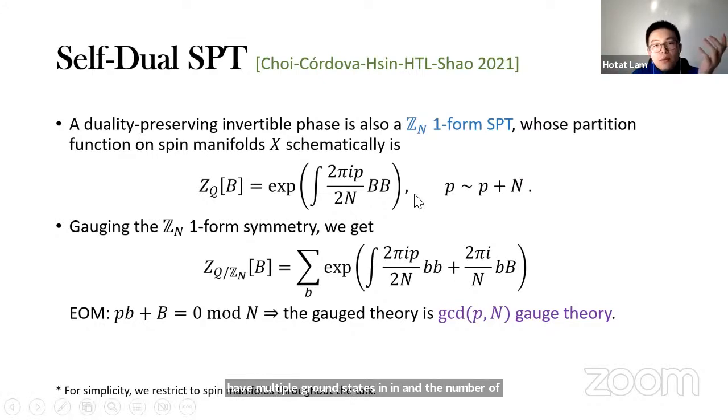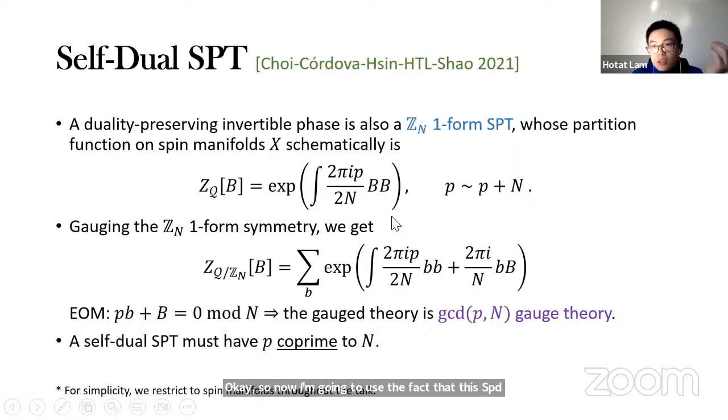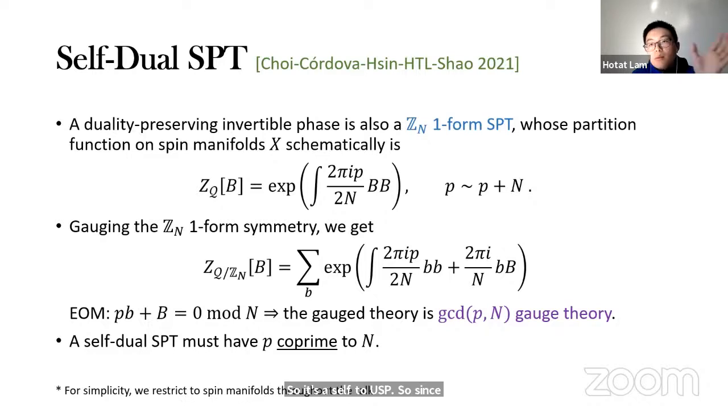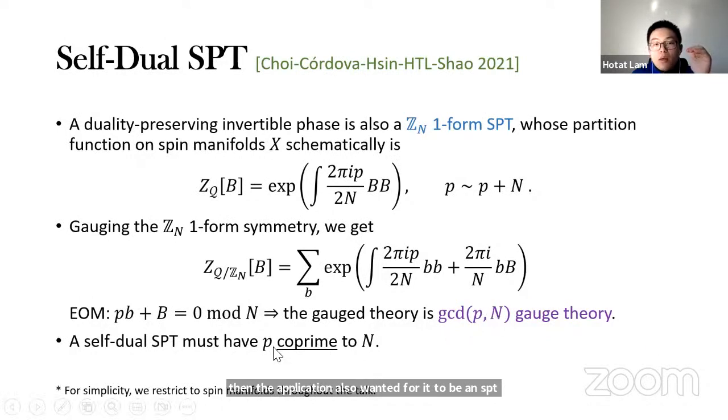Now I'm going to use the fact that this SPT is invariant under gauging, so it's a self-dual SPT. Since this is a self-dual SPT, after gauging we also want the theory to be an SPT, which always has a unique ground state on any spatial topology. This can happen only if P is coprime to n. So this is the first constraint that we get for this self-dual Zn SPT.